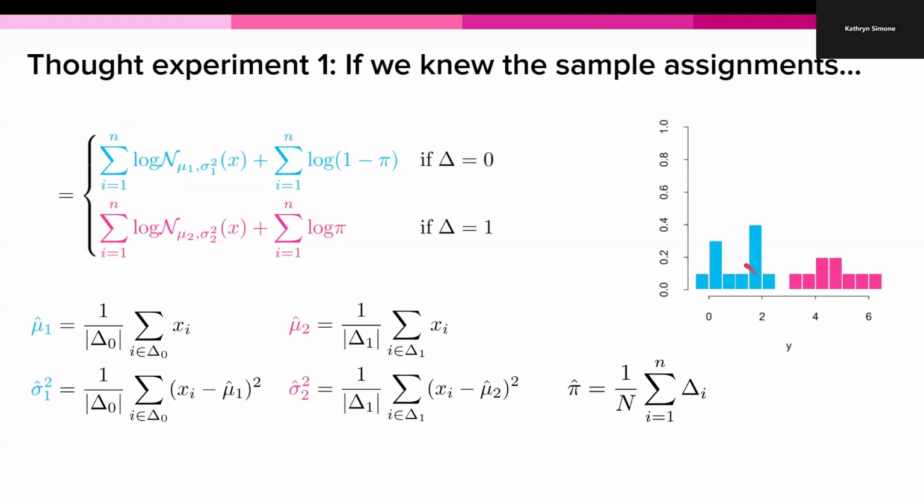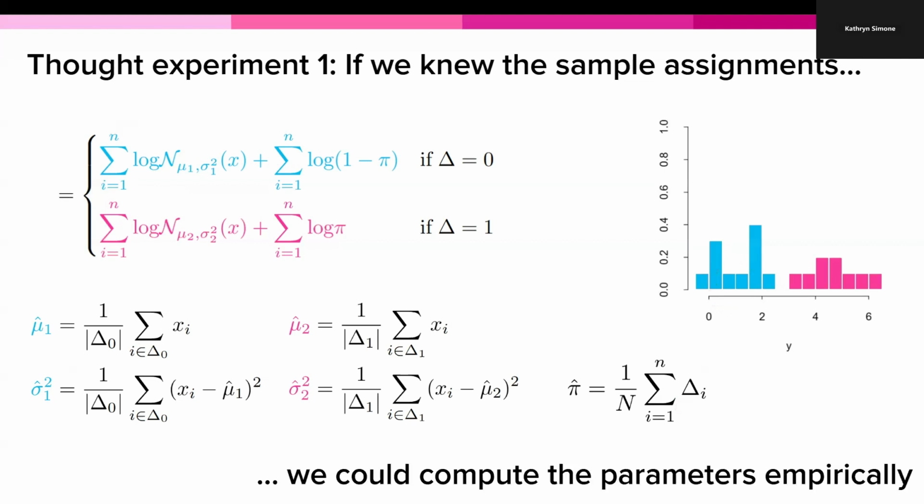So the mean and variance of each mode are computed separately, and everything is empirical, straightforward, arithmetic based on the assignments. Right. So key takeaway: if we had the sample assignments, the problem would be easy.